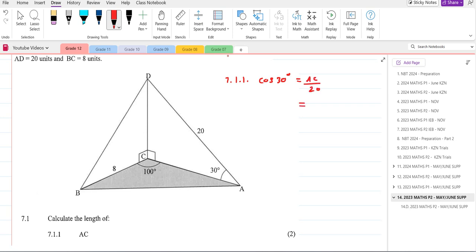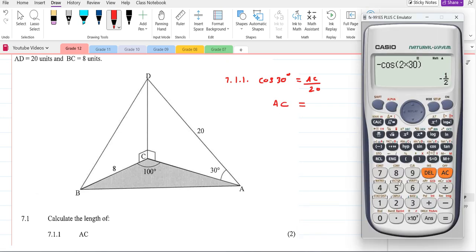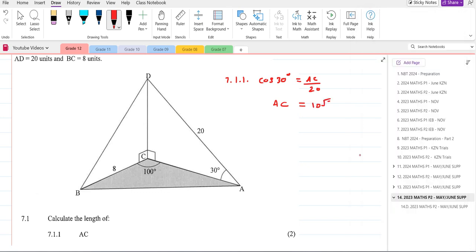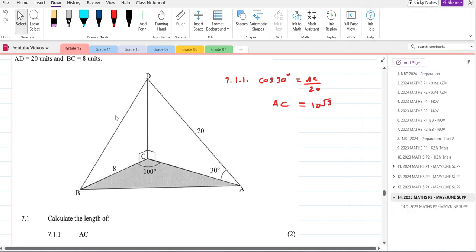So we're going to cross multiply. AC is equal to 20 cos 30. Cos of 30 is root 3 over 2, so you're going to get 10 root 3. So I know AC is 10 root 3.